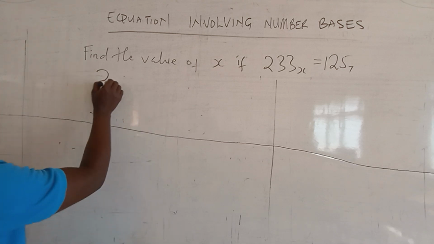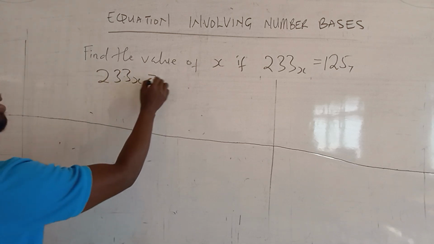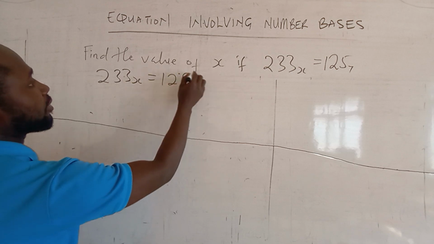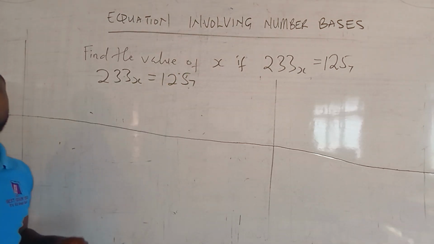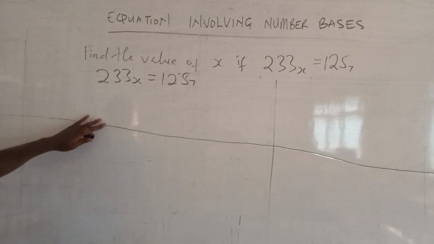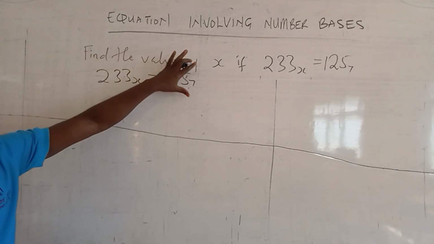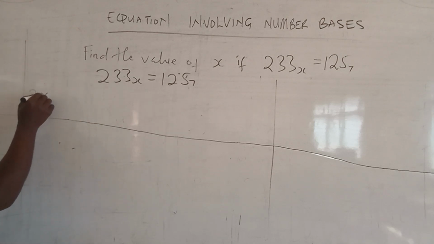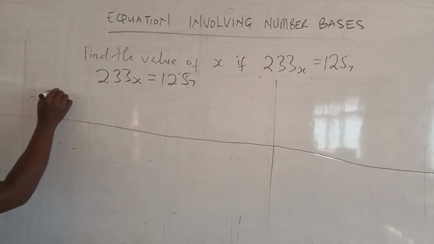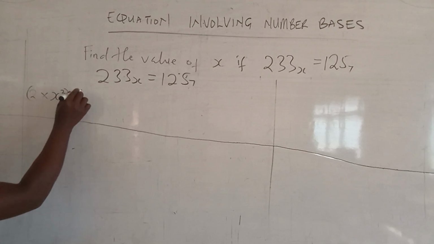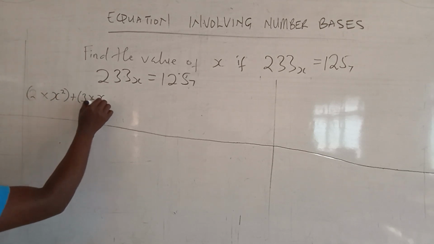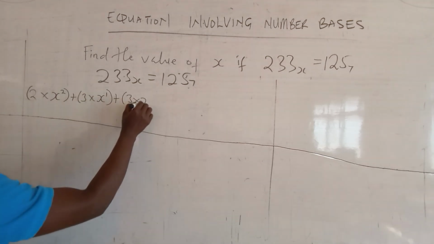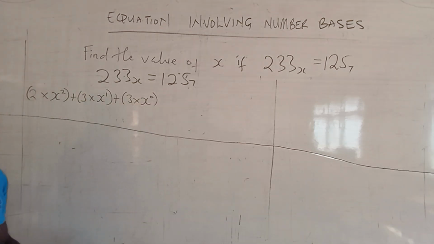We have 233 base x equal to 125 base 7. So that is our question. Okay, so we are going to convert this to base 10, convert this also to base 10. So in converting this to base 10, we have 2 times x exponent 2 plus 3 times x exponent 1 plus 3 times x exponent 0.